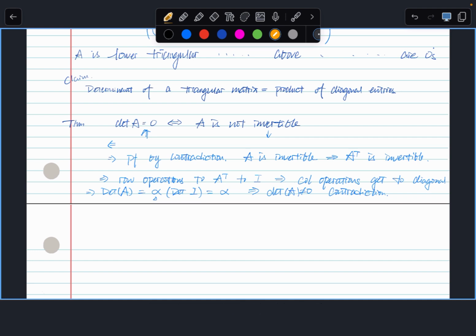So in the future we can say if the determinant of A is 0, then A is not invertible, and if we know A is not invertible, then the determinant of A is 0.